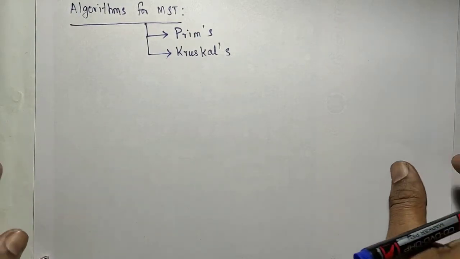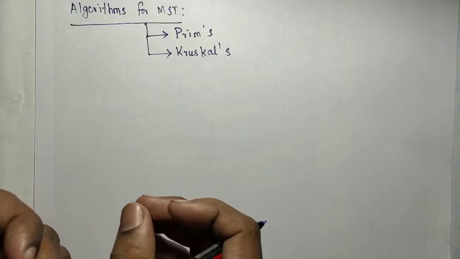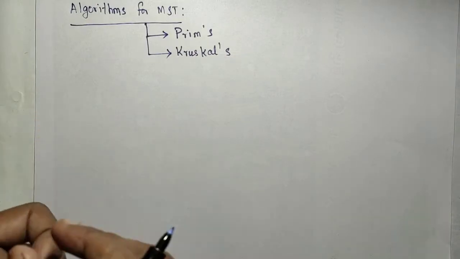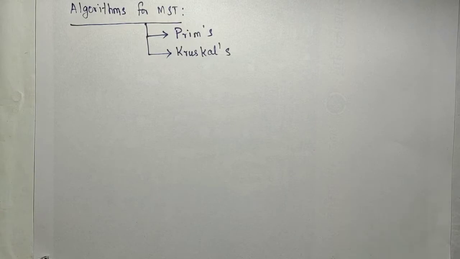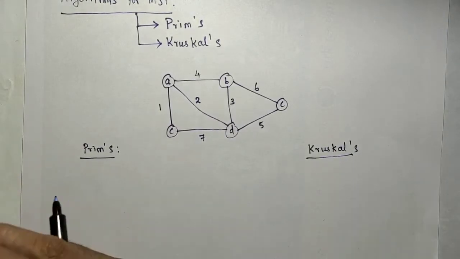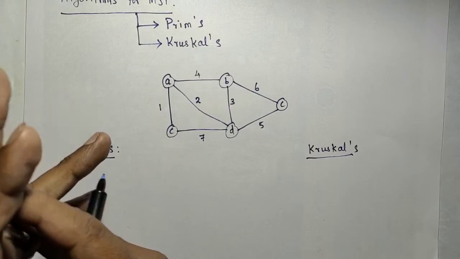Okay, I'll briefly give one example of how Prim's algorithm will generate the minimum spanning tree, and how the Kruskal algorithm generates the minimum spanning tree, with one example. In Prim's algorithm, we need to start from any vertex.